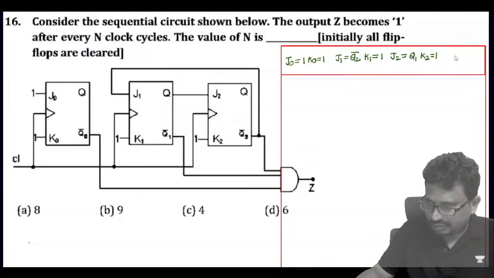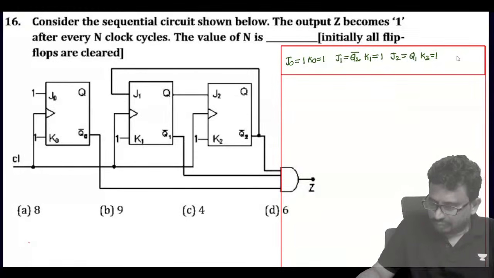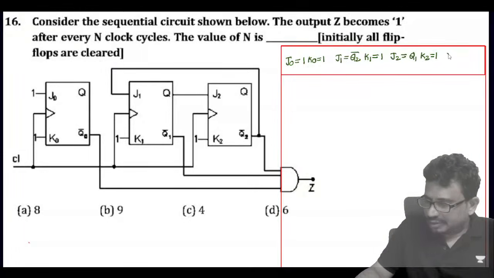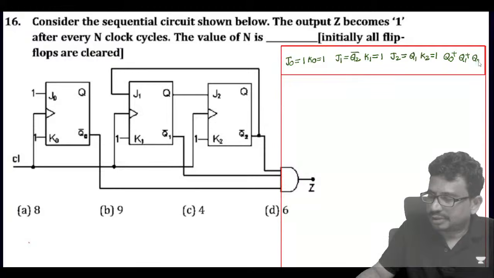Then we have Q0 plus, Q1 plus, and Q2 plus.